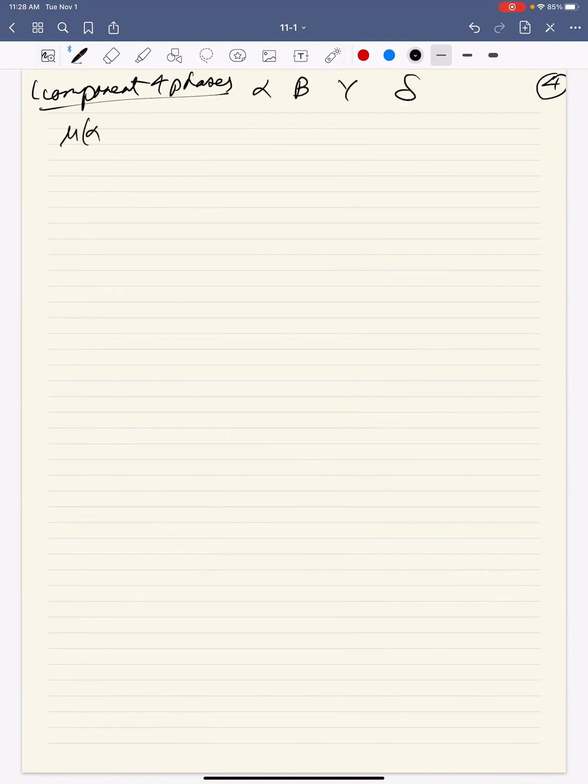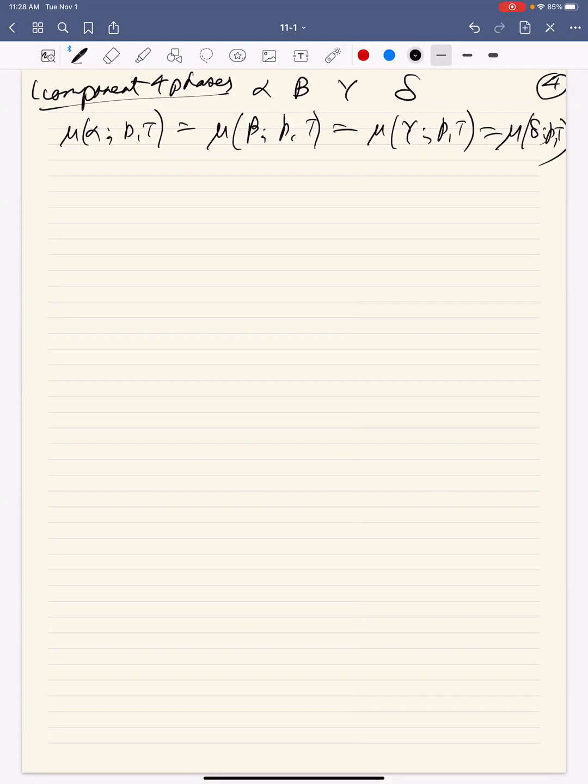Let me write it down carefully here. One component, 4 phases. Let's call it alpha, beta, gamma, delta, right? So now we will have mu alpha as a function of pressure and temperature is equal to mu beta as a function of pressure and temperature is equal to mu gamma as a function of pressure and temperature is equal to mu delta as a function of pressure and temperature.